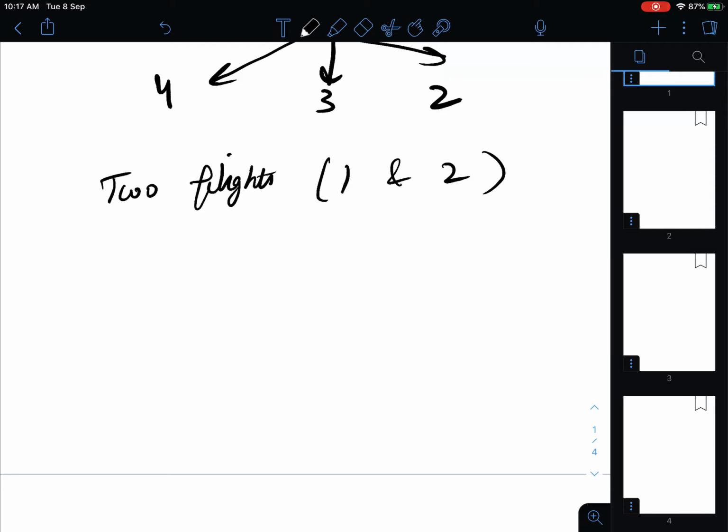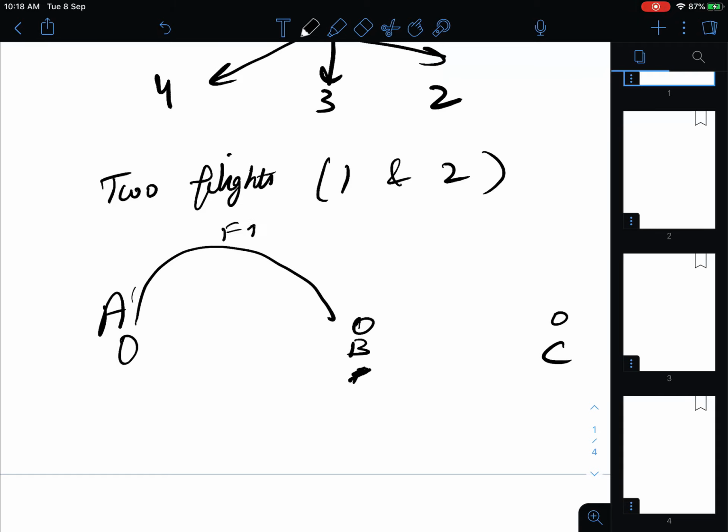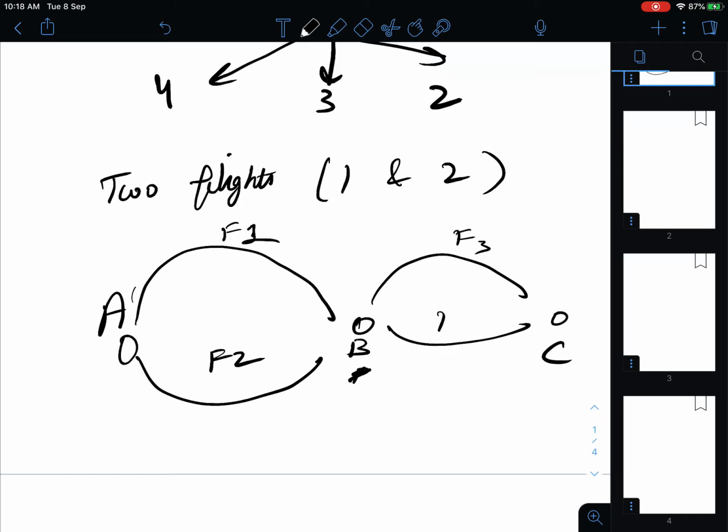And suppose there are 2 flights in the morning from place A to place B. And suppose there are 3 flights from place B to place C. So you have flight 1, flight 2, and then flight 3, flight 4, and flight 5. Now I ask the following question. In how many ways can one fly from place A to place C via place B? No other restrictions are to be assumed.